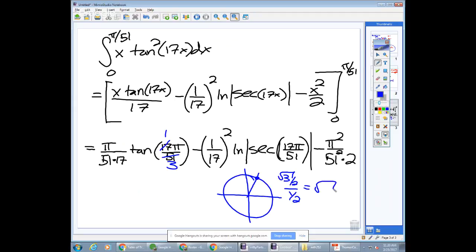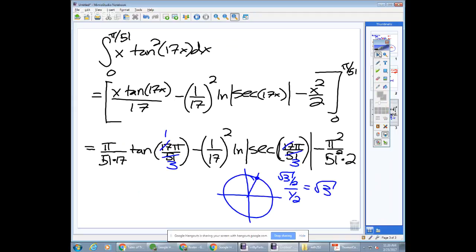Yeah, so tangent there is square root of 3, right? Okay. And this becomes the secant of pi over 3. Cosine of pi over 3 is 1/2, so secant of pi over 3 is 2. Well, that's kind of nice. This does clean up quite a bit.